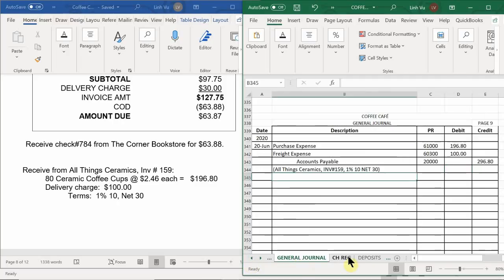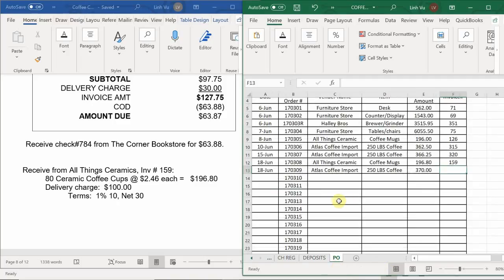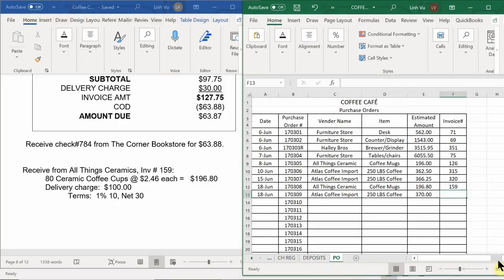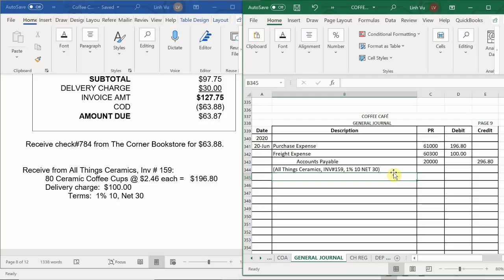Oh, go back to the POs. The POs, yeah, I have these couple. Okay.